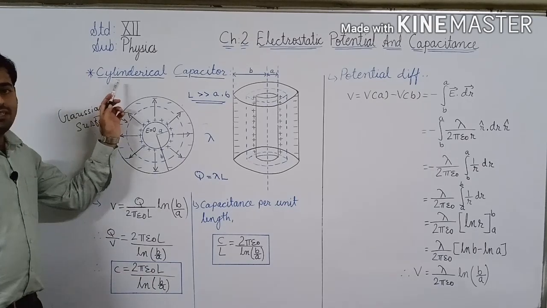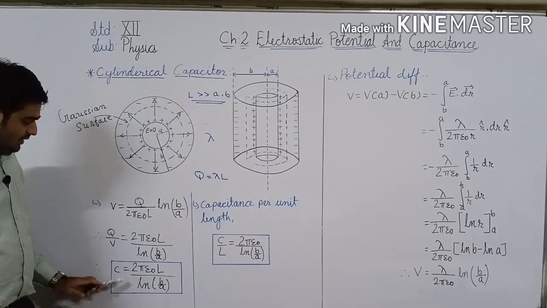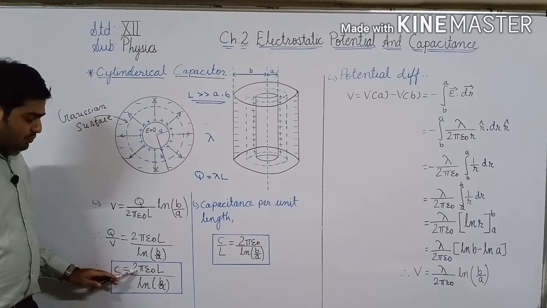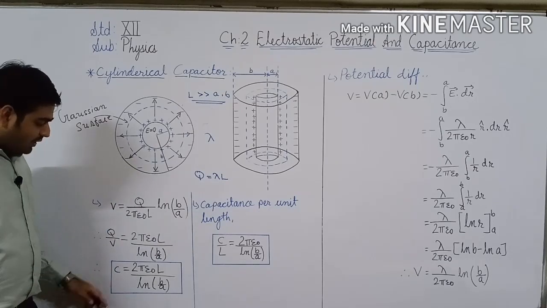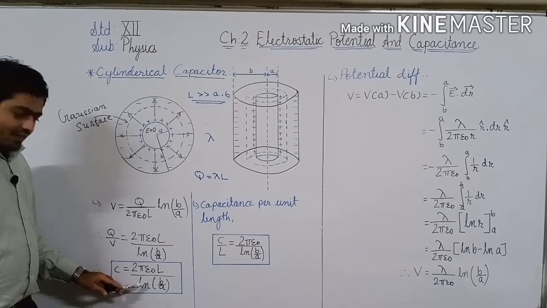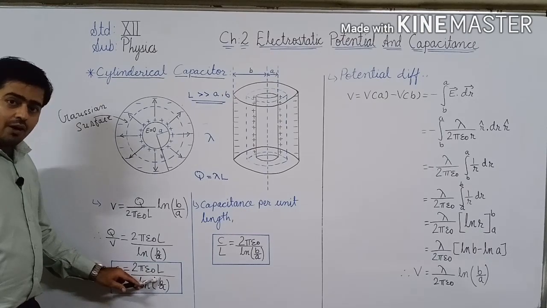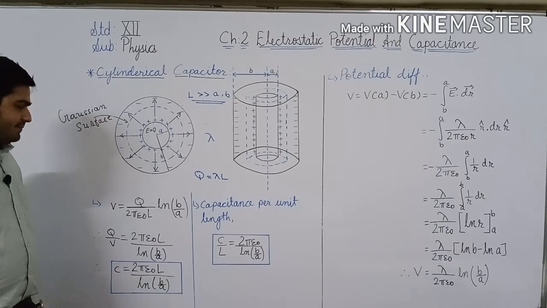This is the formula of capacitance of a cylindrical capacitor. What is the formula? 2 pi epsilon naught L, where L is the length of the cylinder, upon ln b by a, where b is the radius of cross section of the outer cylinder and a is the radius of cross section of the inner cylinder.